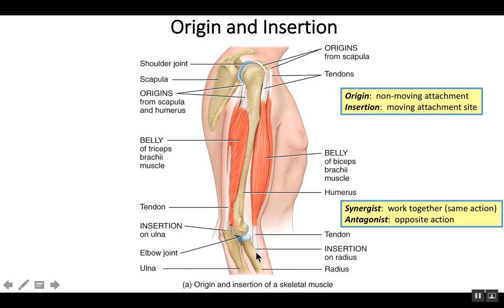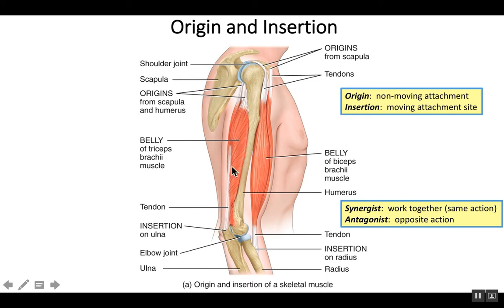The insertion of the biceps brachii muscle is the radial tuberosity, that little rough surface on the radius. So this is the moving end. So when this muscle contracts, it moves your radius towards, in essence, the origins, and that then will tell you the action. The biceps brachii muscle flexes at the elbow joint.